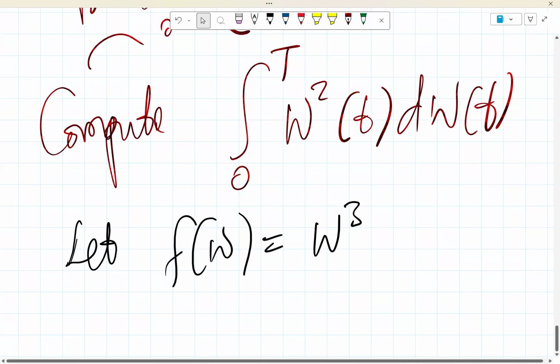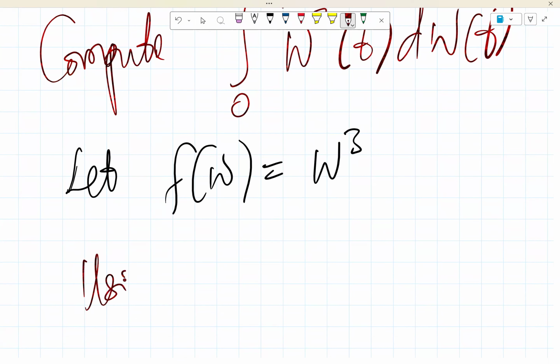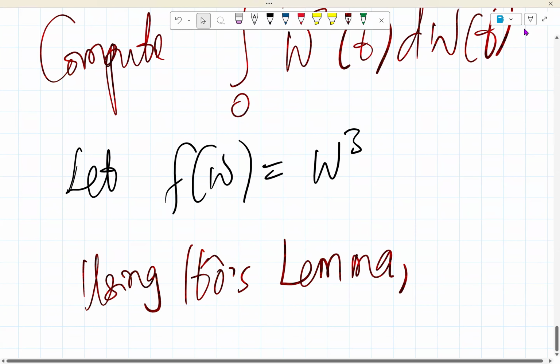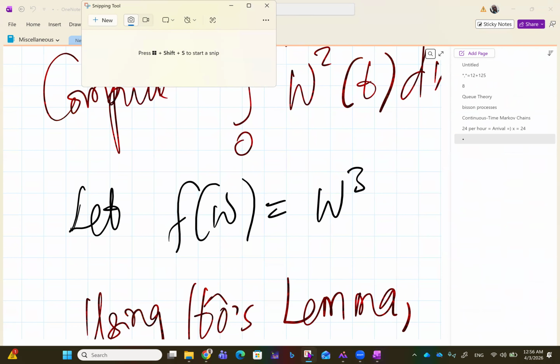So from Ito's lemma, we can then have that. So using Ito's lemma. I feel I need to write out Ito's lemma so we can follow it step by step, because I skipped all that in the earlier explanation.